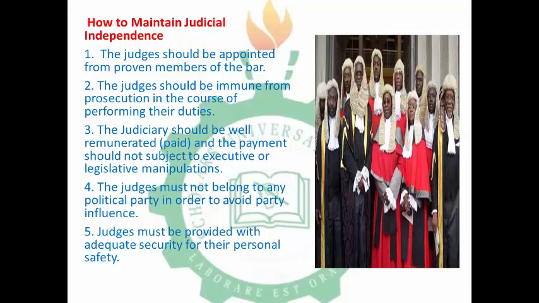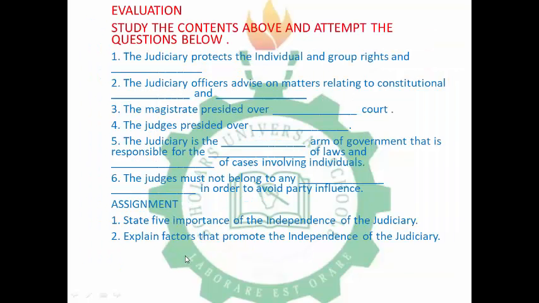So to ensure the safety of justice, the security of the judges is also paramount at this junction. So these are the five ways we can maintain judicial independence in the country.